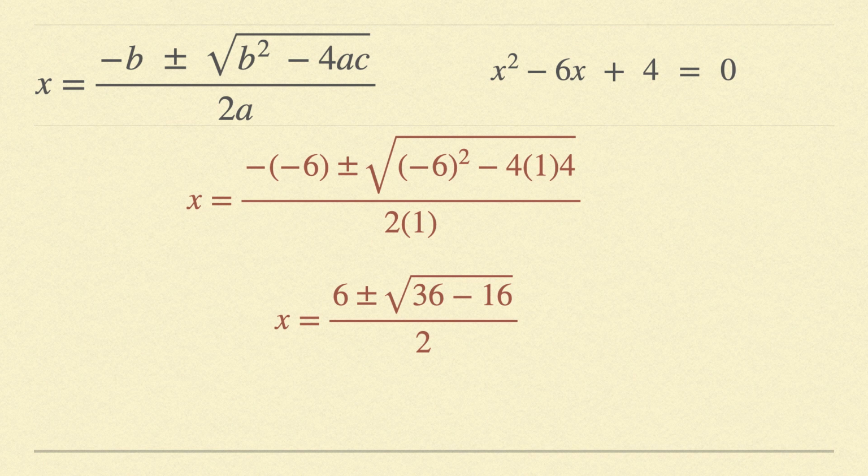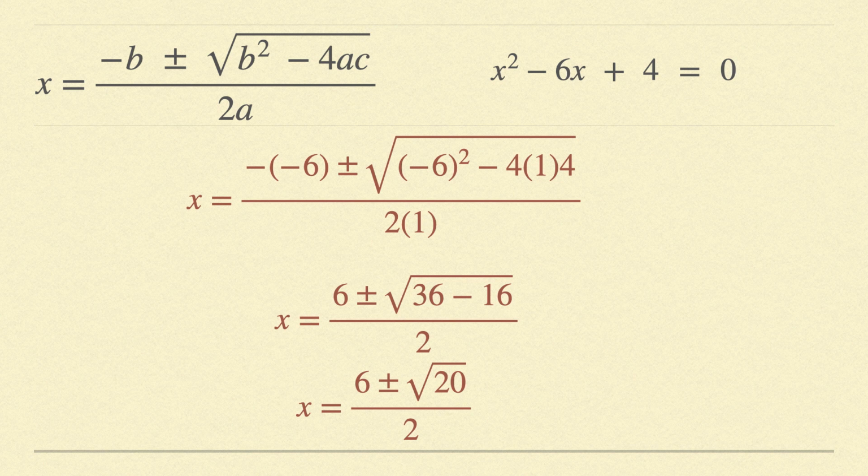Now we're going to simplify what's under the radicand, which is 20. So 6 plus or minus the square root of 20 divided by 2.